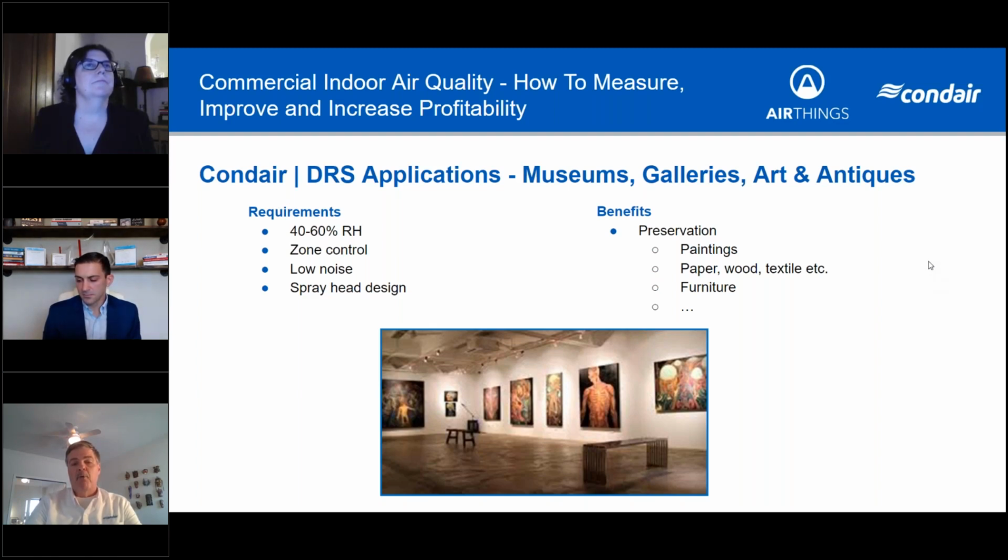And they understand how important it is to maintain the right indoor air quality level, with humidity being a huge portion of that, so that those pieces that they have on display and in their archives will be ready for use over the next several decades. Next, please.